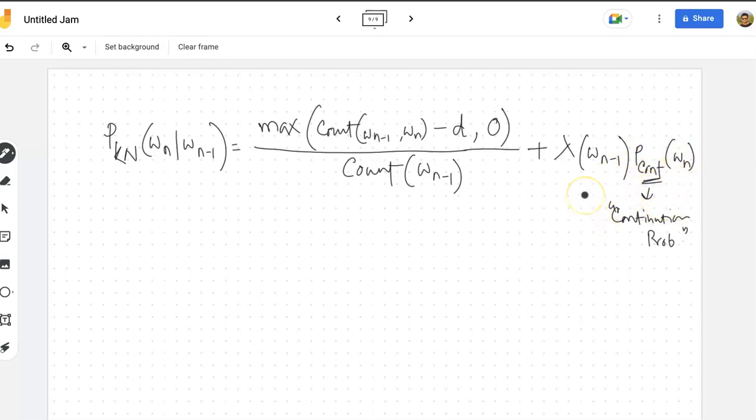Okay, now see. Also, you can find this lambda of Wn minus 1 directly.